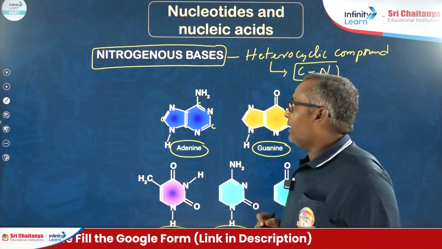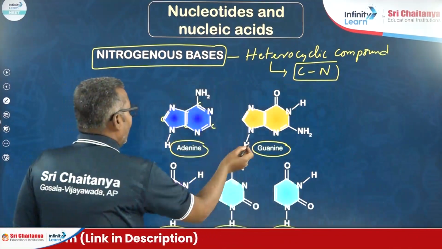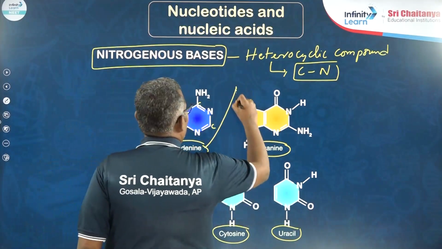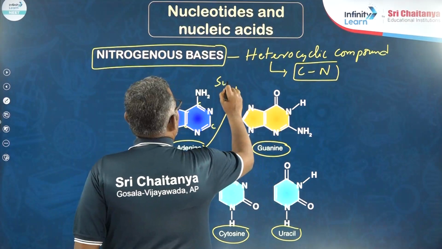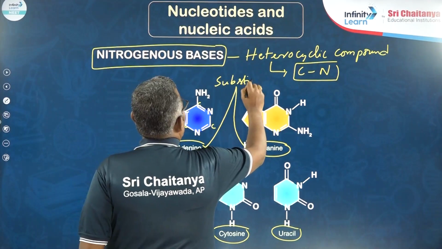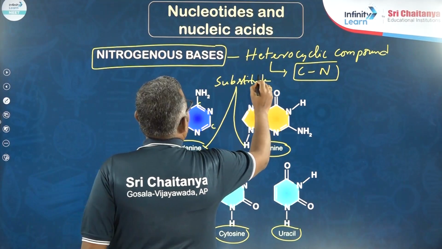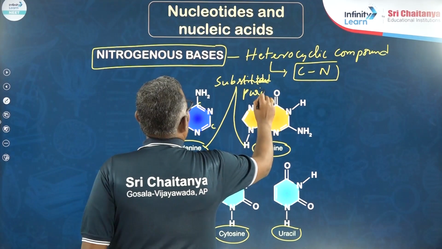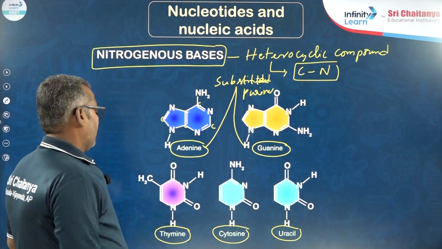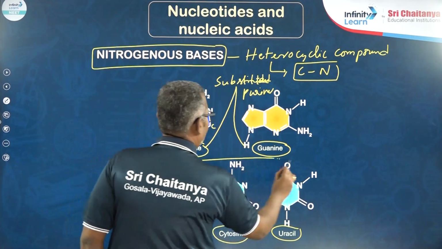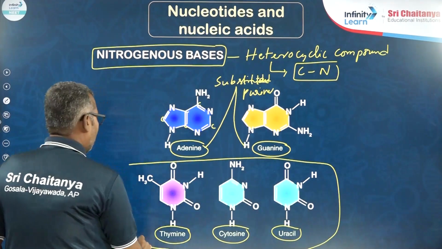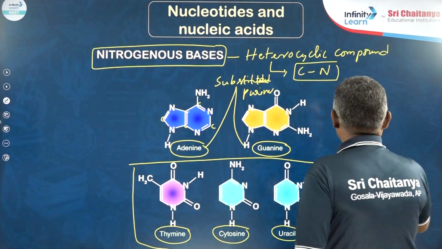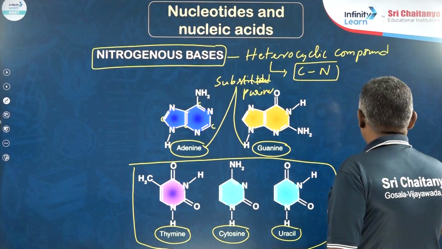Adenine is one kind of nitrogen base, guanine is another kind of nitrogen base. These two are said to be substituted purines. Whereas cytosine, thymine and uracil are substituted pyrimidines.